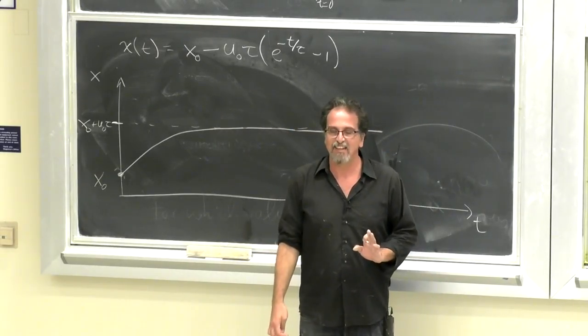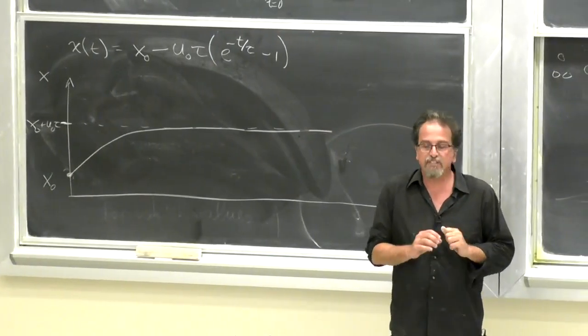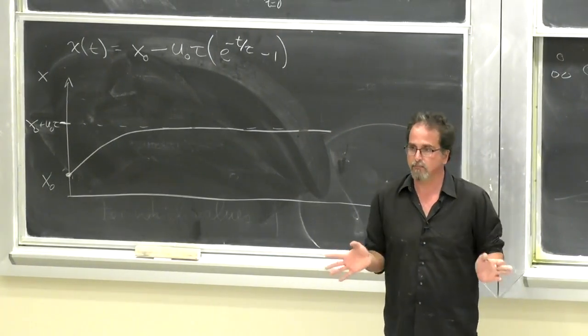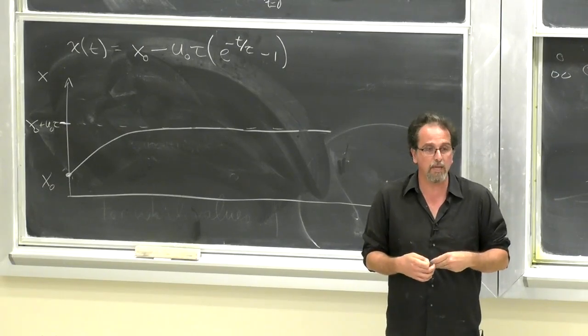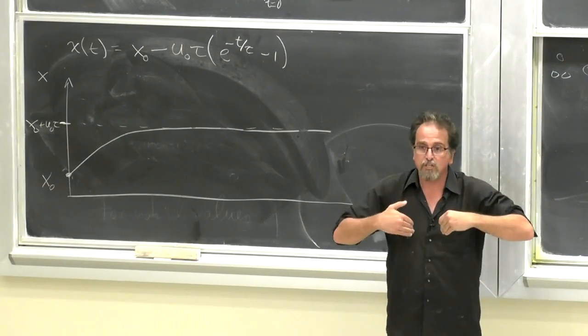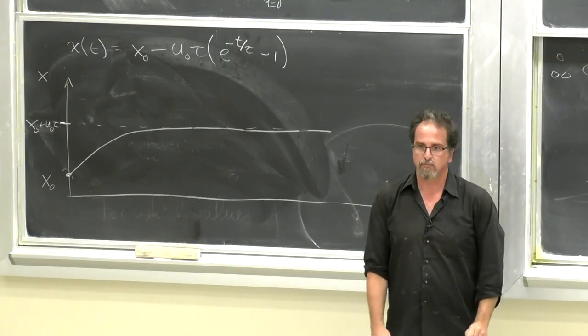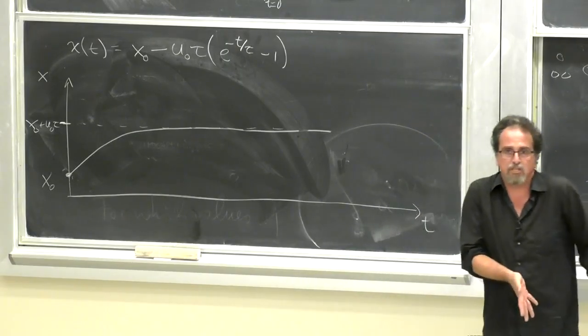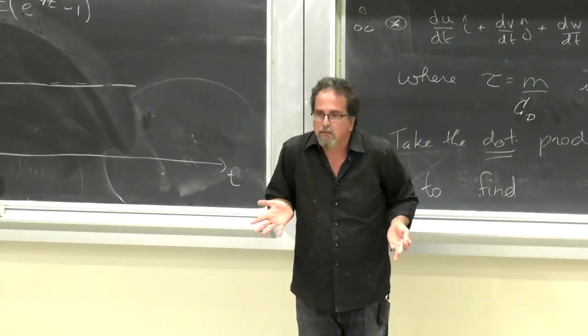Okay? Now, let me, for the sake of argument, have some very simple initial conditions. Okay, I'm going to set the initial conditions right now. My initial condition is going to be where I start, x0, y0, z0. I'm going to call that the origin. Because you can always shift the origin to the start point, right? You can just measure my coordinates from me. Okay?